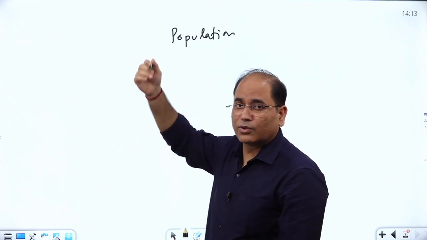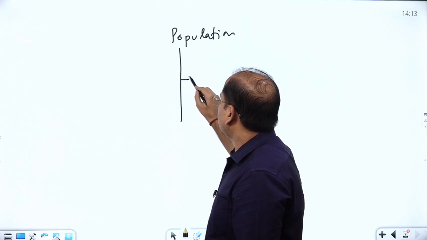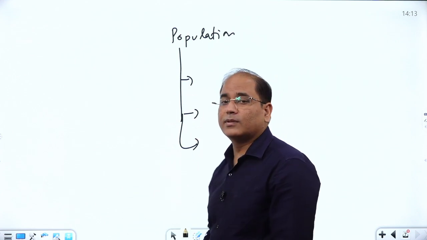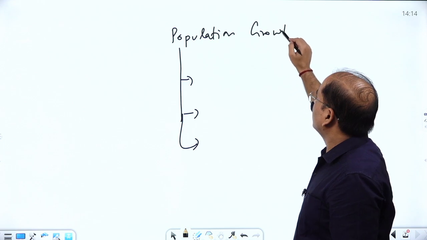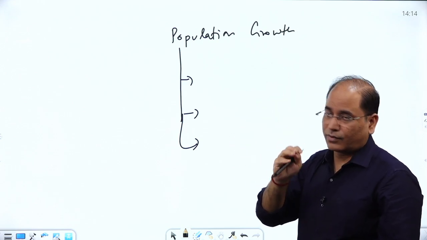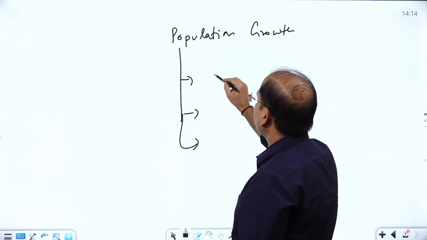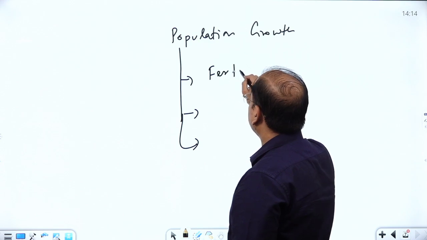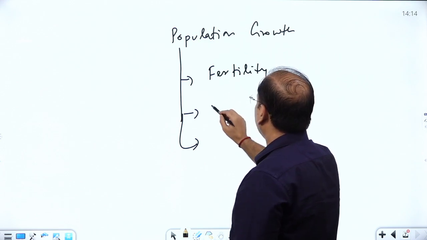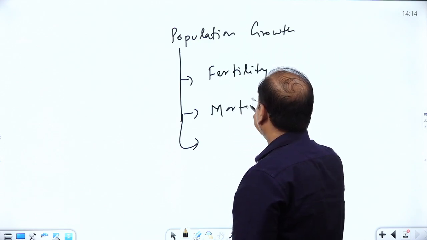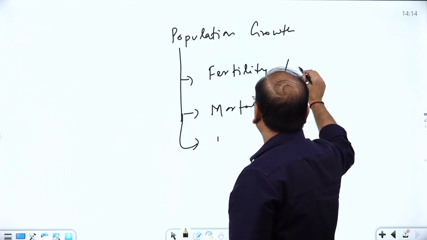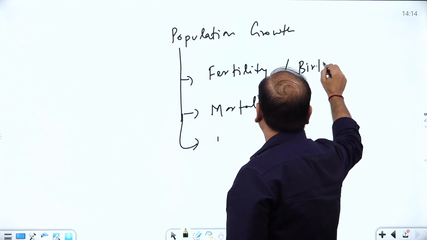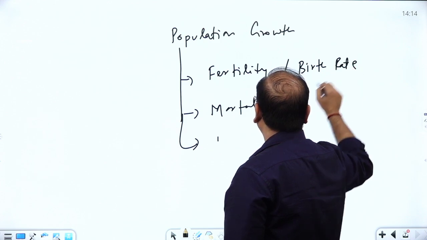as far as population growth is concerned, there are three important determinants of population growth. One is fertility, another one is mortality. Fertility is also referred to as birth rate.